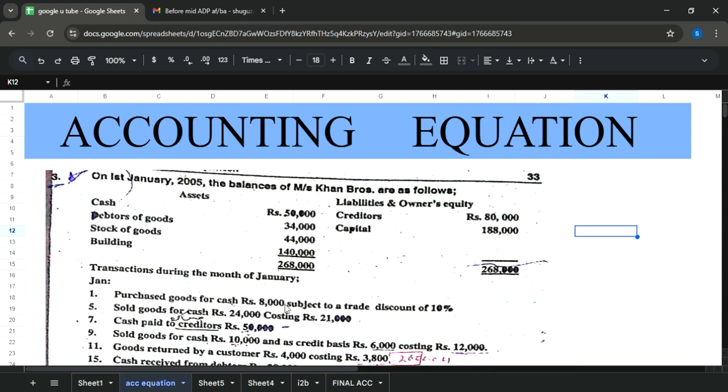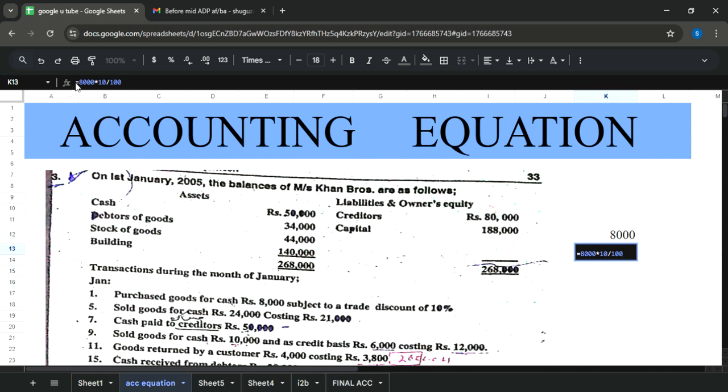The actual amount was 8,000, of which 10% is discount. Here I will let you know 8,000 was the original amount and you have been given a 10% discount. How will you calculate 10%? 8,000 multiplied by 10 divided by 100. Please note it down.